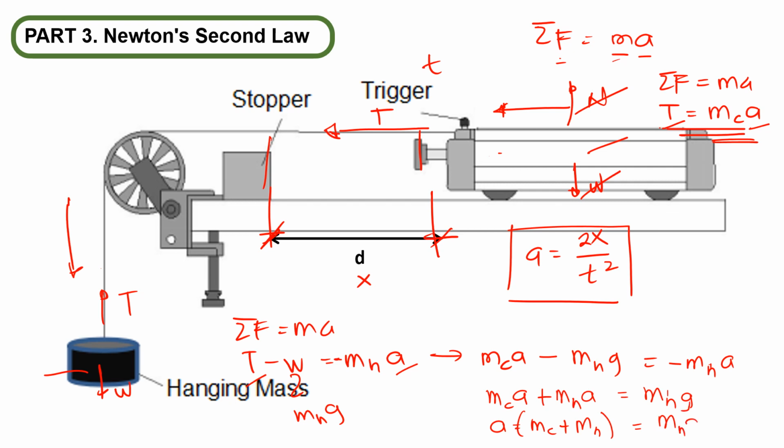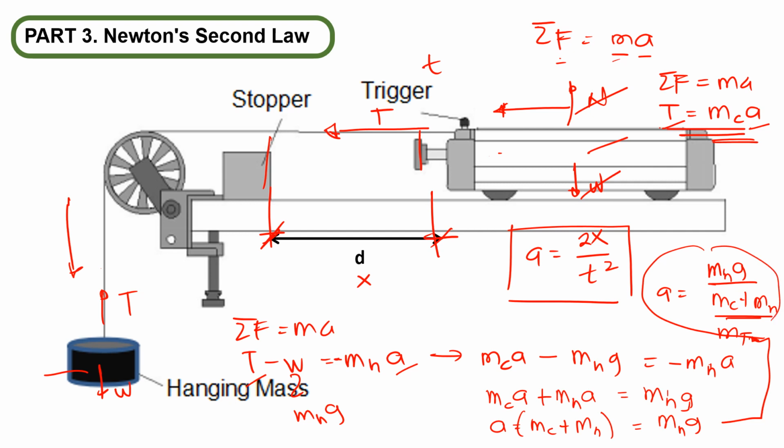The target is to compute for acceleration, so divide both sides by mc plus mh. So acceleration is equal to hanging mass multiplied by g over mc plus mh, where mc plus mh is the total mass. So this is the formula for the theoretical value of the acceleration of the cart.